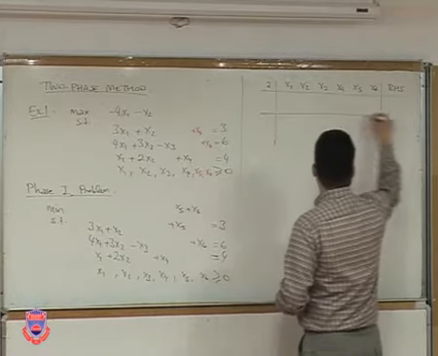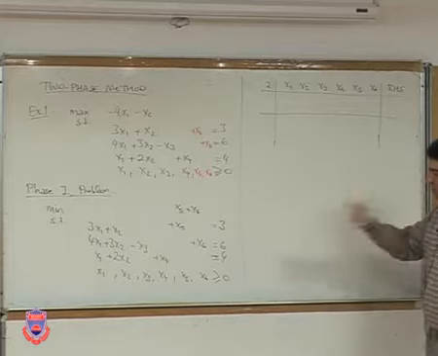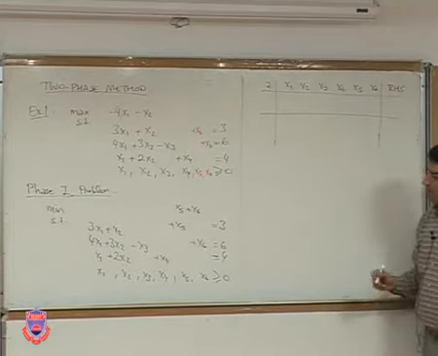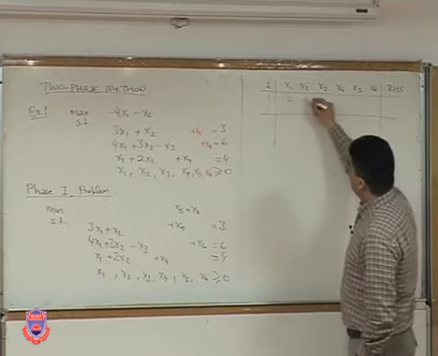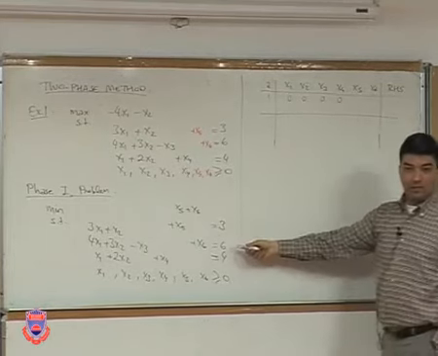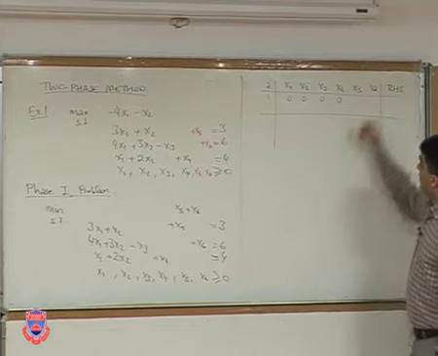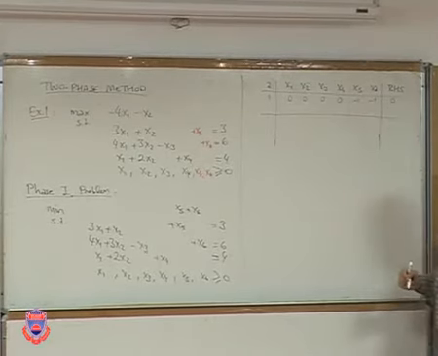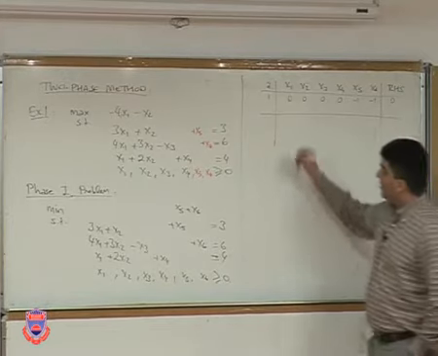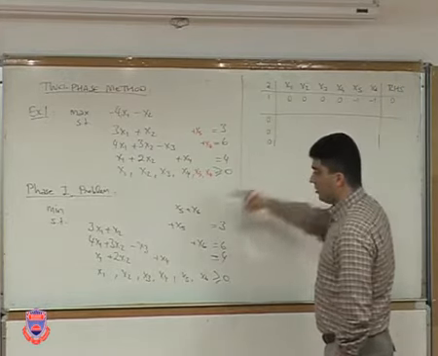All right, so let me start with row 0. What does row 0 of this problem look like? There's no x1, no x2, x3, x4. This is the problem we're solving, please remember. For x5 and x6, I have minus 1s, so I'm going to flip the signs. Then I'm going to copy the constraints. So I have 0, 0, 0.